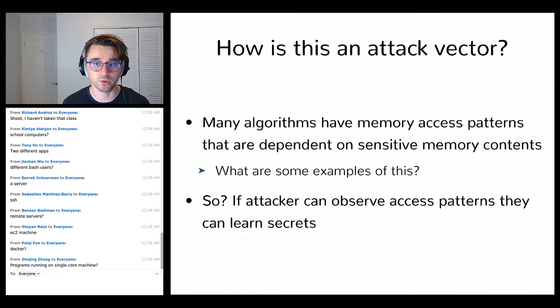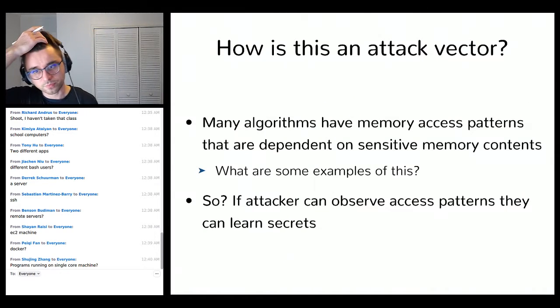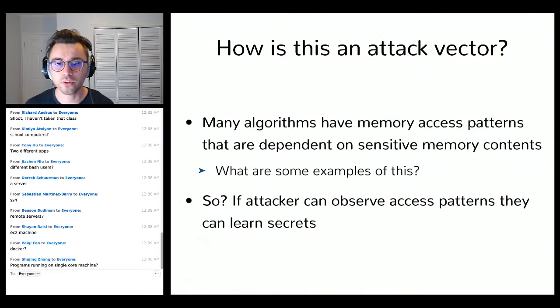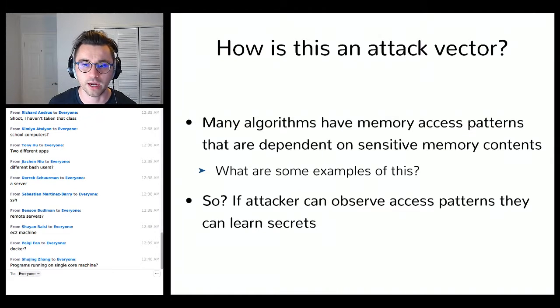But you can mess with the cache, right? These attacks are interesting in scenarios where your algorithm actually has memory access patterns or control flow that depend on secret information, right?